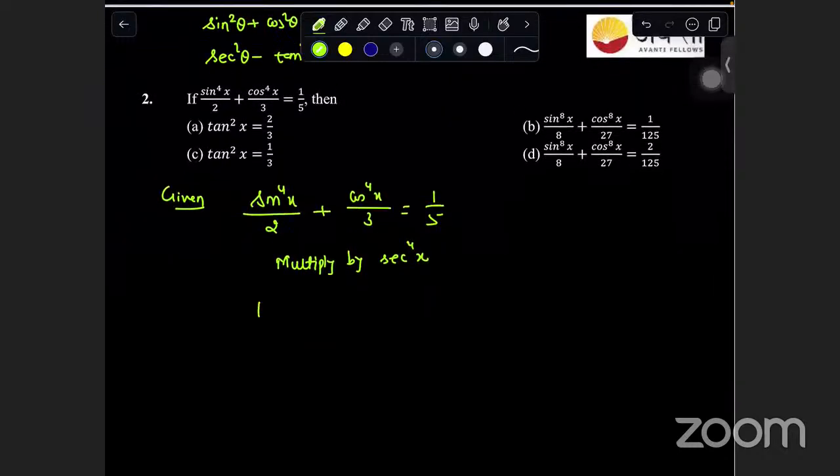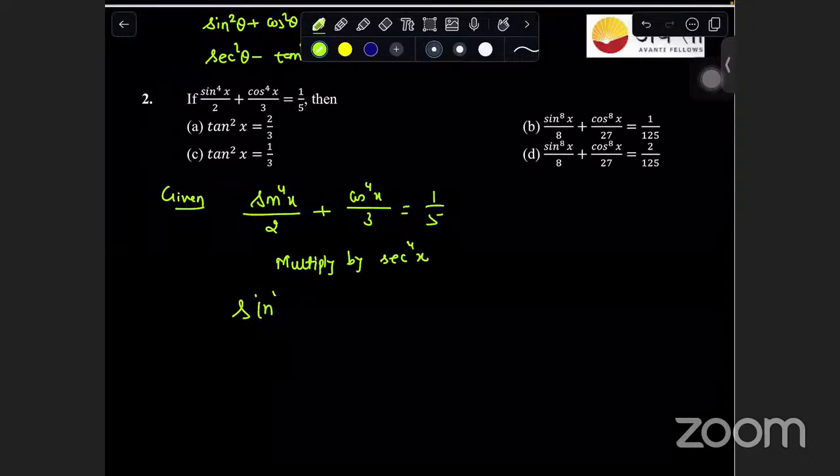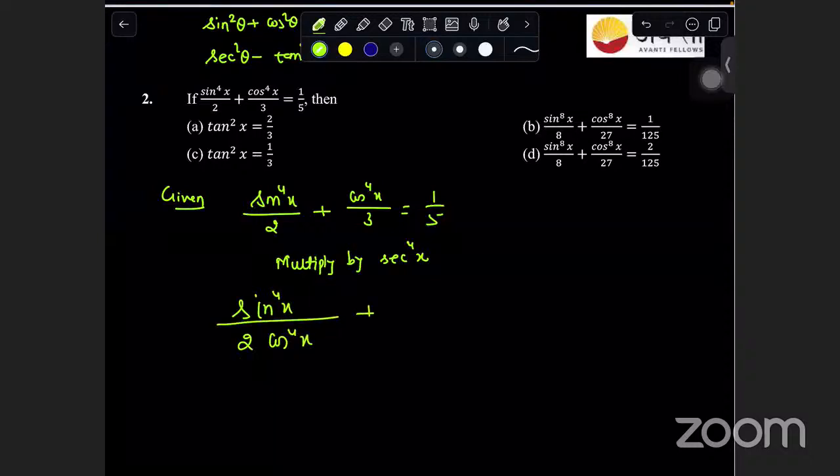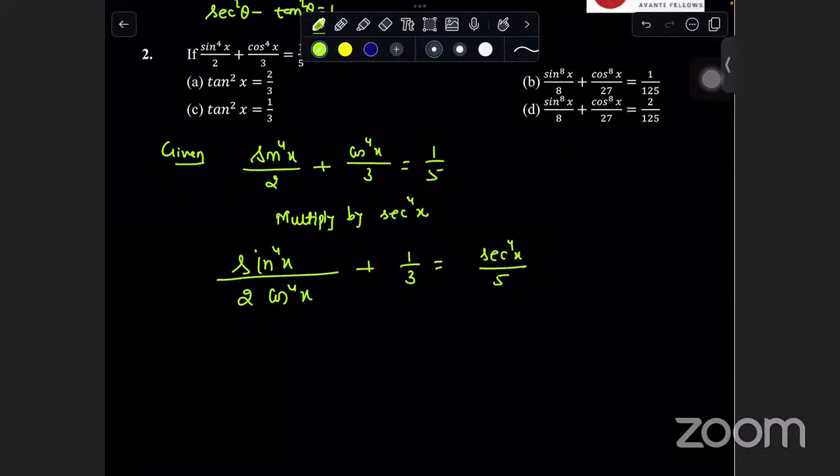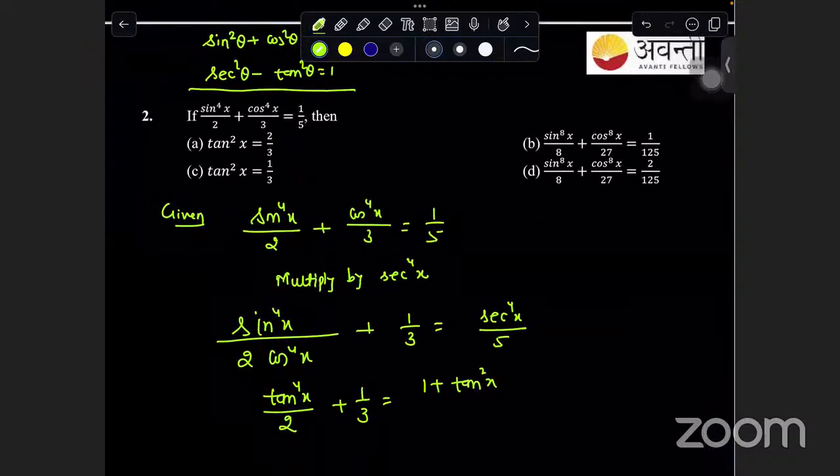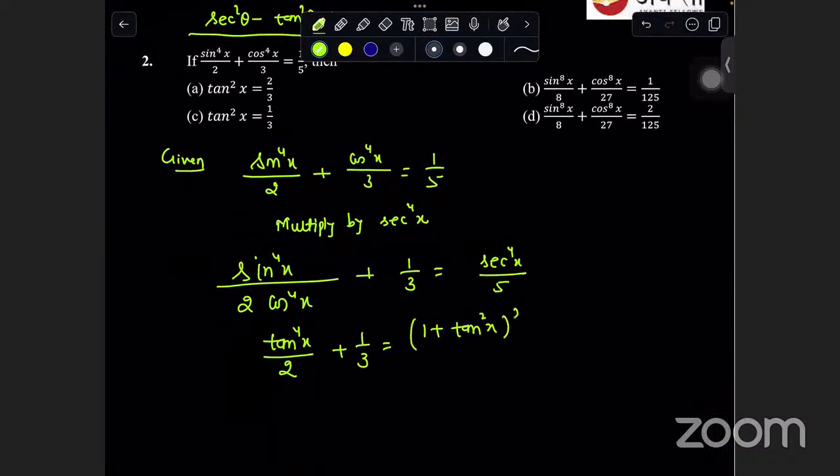So what do you get? You get sine to the power 4x upon 2 times cos to the power 4x plus 1 by 3 is secant to the power 4x upon 5. Now it is tan to the power 4x upon 2 plus 1 by 3, and using this identity I can write secant square x as 1 plus tan square x, so 1 plus tan square x whole square upon 5.